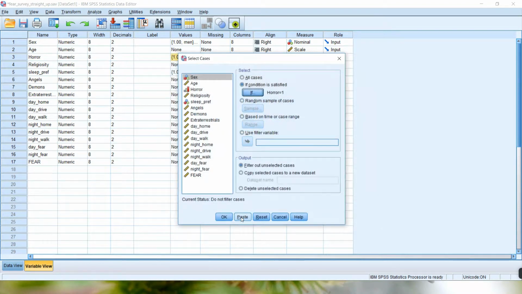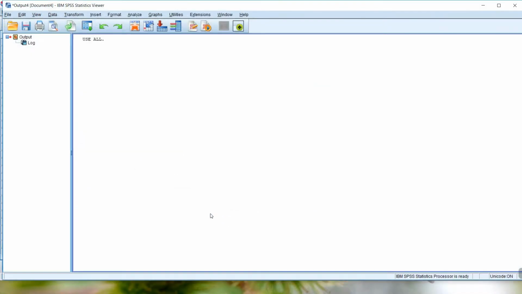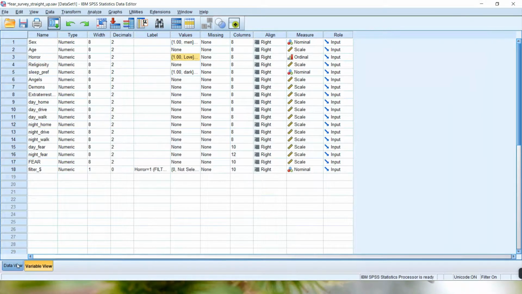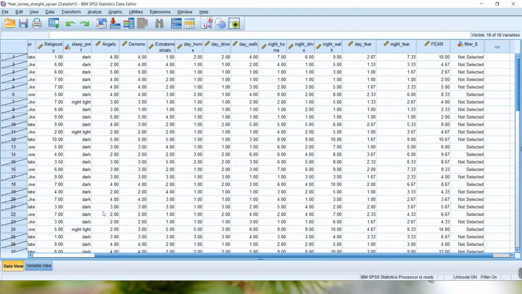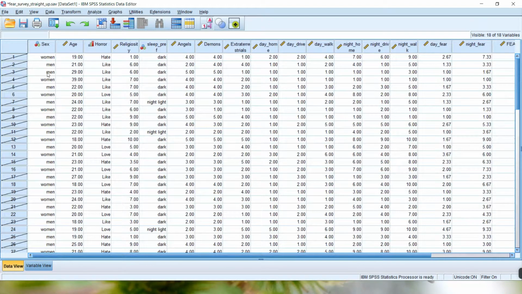So go to continue and then OK. If we were to look at our data set, you can see that hate has been crossed out, like has been crossed out. The only people that we've kept are people who said that they loved horror movies.